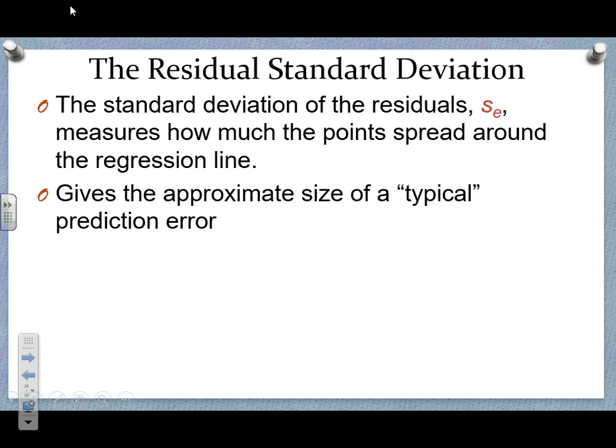So if your standard deviation for the residuals was 2.7, what that means is every time you use the line to predict, you can expect to be off by about 2.7 from what it normally would be. So it's telling you typically how far off you are going to be from what you should actually be getting from the line.